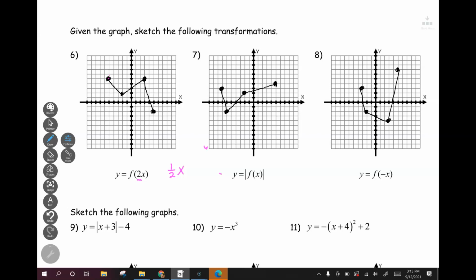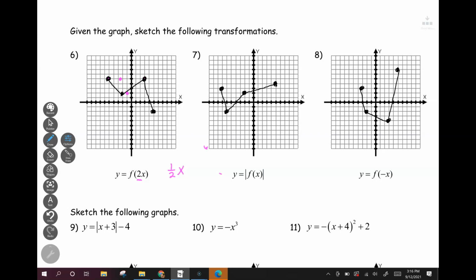So starting right here, the x value is 1, 2, 3, 4, 5, negative 5. So half of negative 5 is negative 2.5, so it goes there. Or really, you can just move it halfway closer to the y-axis if you want, but the x value here is negative 2, so make it negative 1. Half of 2 is 1.